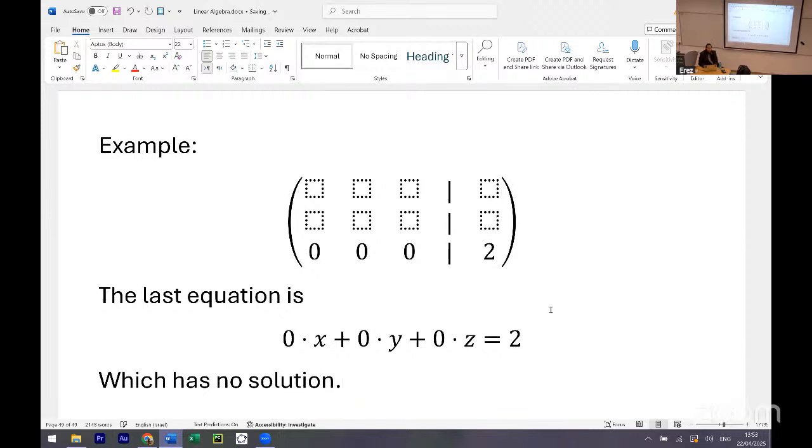And if one of the equations has no solution, then the entire system has no solution, because a solution must solve all of the equations. So if you see a contradiction row, you know the system has no solution. Okay, agreed?